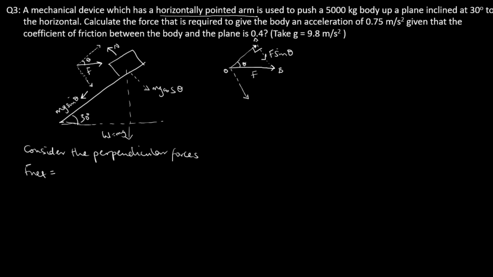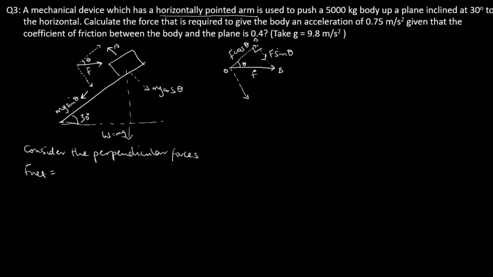While the component here which is parallel to the plane, that's this one here, is linked to the force F by the cosine function, which means this component here is F cos theta. Don't forget your sine is opposite over hypotenuse, while the cosine is adjacent, that's our OA, over hypotenuse.